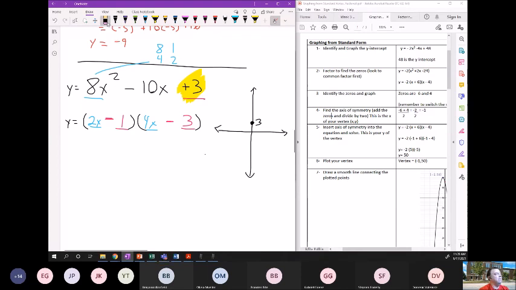Okay? And now that we have our factors, we can identify our zeros. Now, how do we identify our zeros? So this was step 1. Let's go through here. Step 1, step 2, and let's do step 3 in green. Okay? So identify our zeros. We got to pull these guys out separate. So we get 2x minus 1 equals 0.